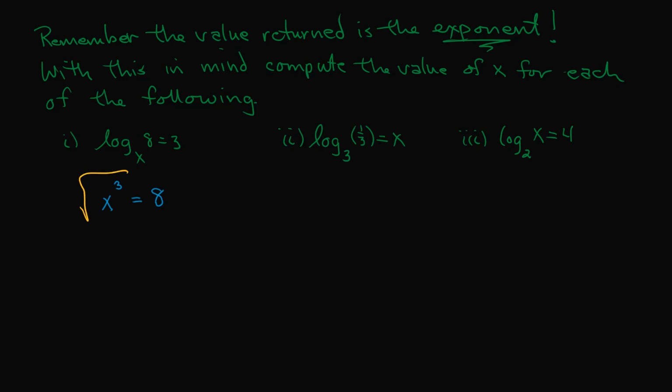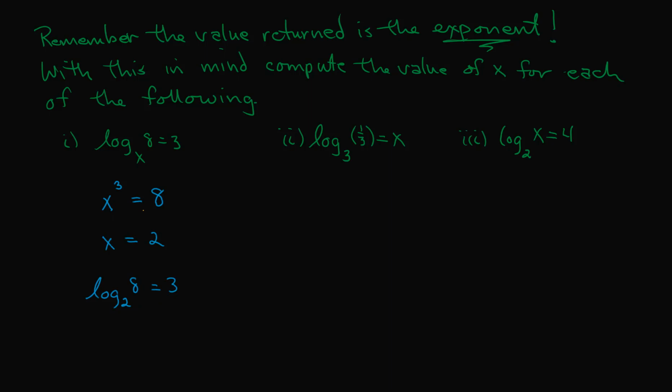That gives me x is equal to the cube root of 8, or x is 2. So for this particular problem, we could write this as the log base 2 of 8 is 3, and we can check that. This says 2 raised to the third power gives you 8, which is true.